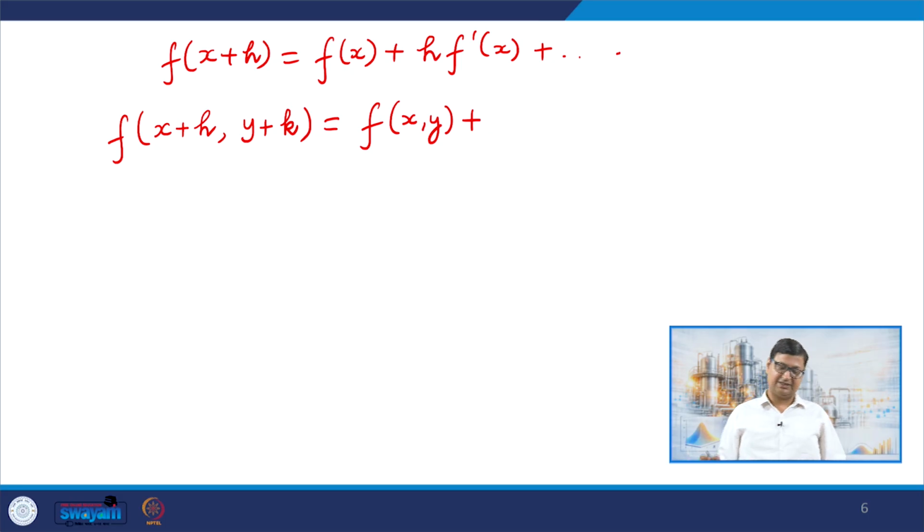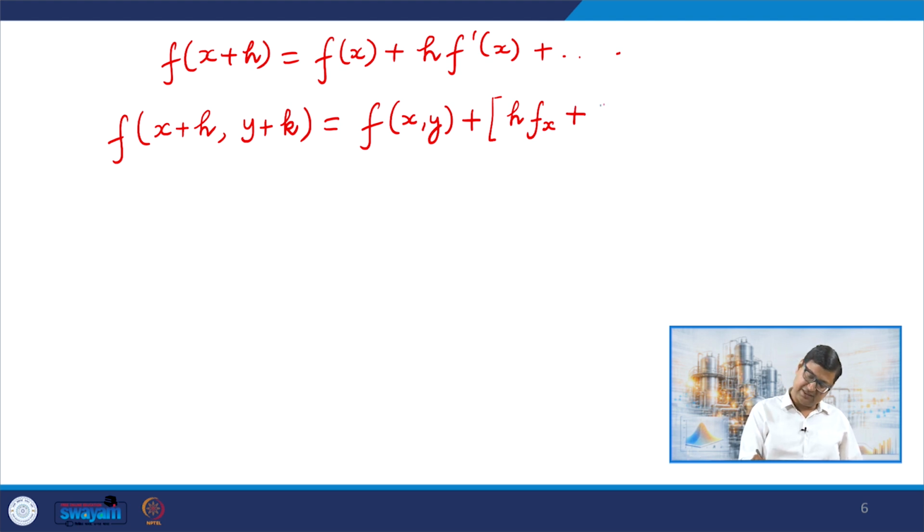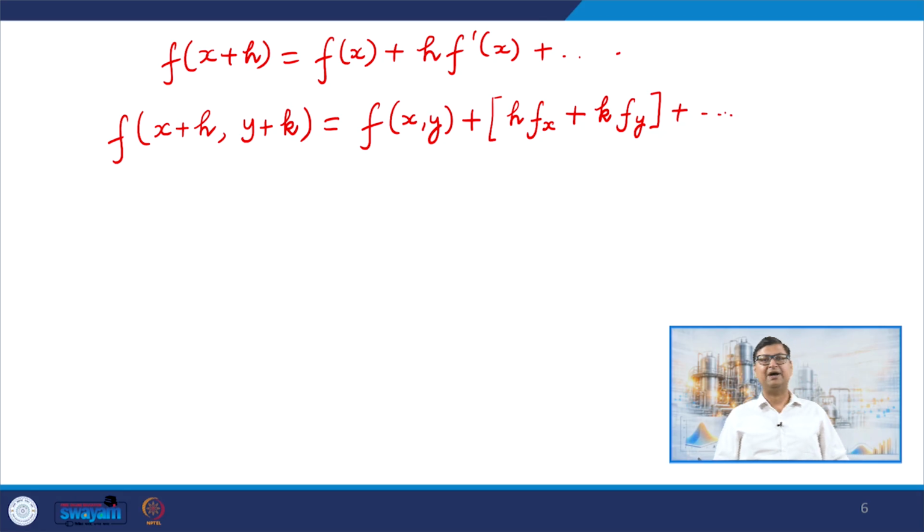So, we can write it something like h into the derivative of f with respect to x, plus k times the derivative with respect to y, right, and so on. I am not writing the higher order terms, right.